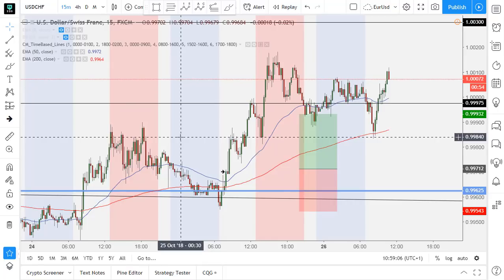We start from the monthly and plot our solid key levels, our trend lines, our channels. We apply our technical analysis on these higher time frames and start coming down from the monthly, weekly, daily, H4, 1 hour, until we get to the 15-minute chart where the magic happens.